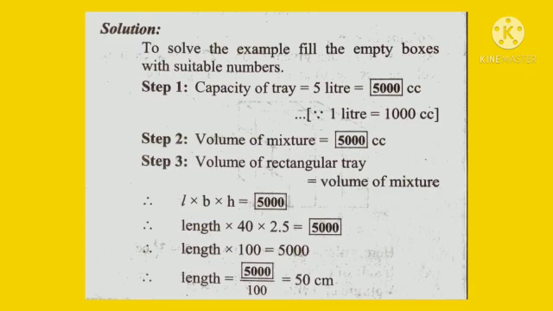Therefore, length multiplied by 40 multiplied by 2.5 is equal to 5000. Therefore, length multiplied by 100 is equal to 5000, as 40 multiplied by 2.5 gives 100. Therefore, length is equal to 5000 divided by 100, which is equal to 50 centimeter. Therefore, the length of the tray is 50 centimeters.